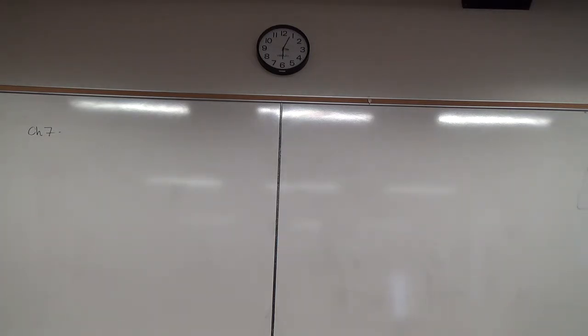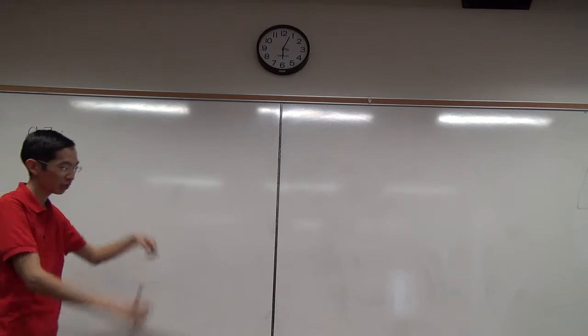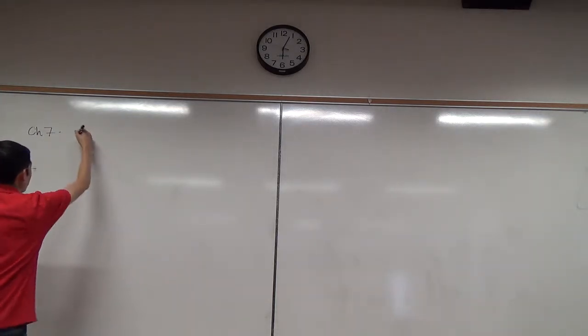With chapters 7, 8, 9, and we are skipping chapter 10, but that's also related, we are looking at two numeric variables at a time. We're looking at the relationship between two numeric variables.